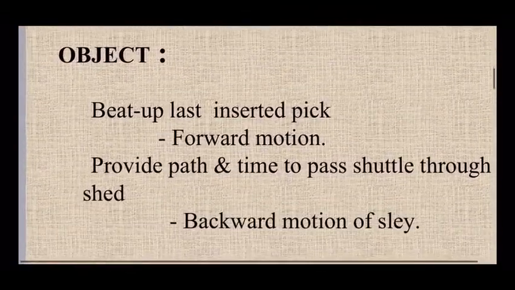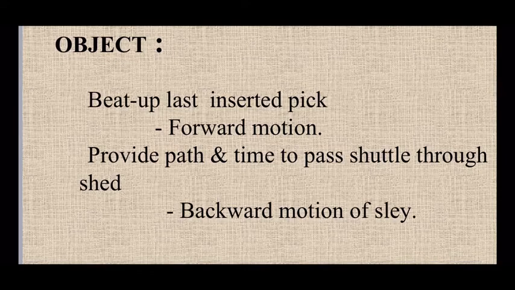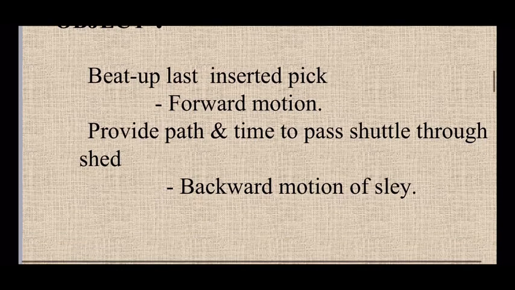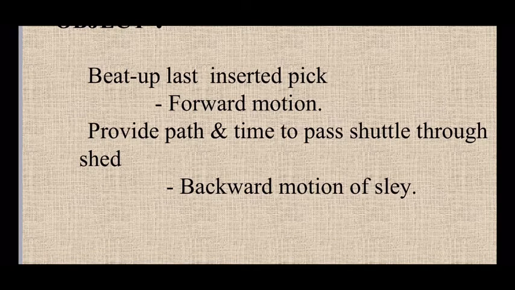So here are the objects of beating up. The main object of beating up is to beat up or push up the last inserted pick up to the fall of the cloth, and this is performed when the sley is moving forward, or when the sley is making forward motion.